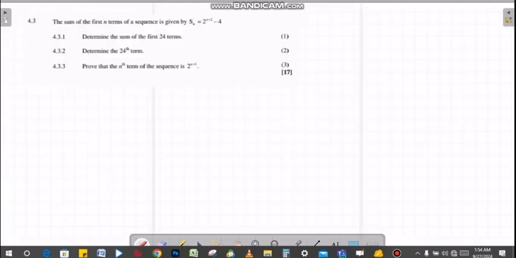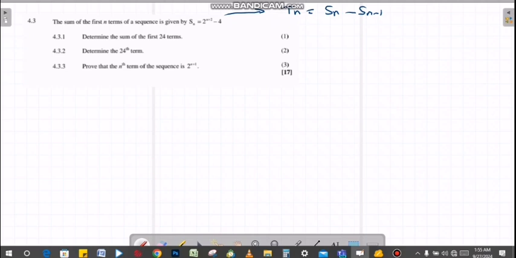4.3. The sum of the first n terms of a sequence is given by, remember we said when you see something else, you must remember that Tn is equal to Sn minus S(n minus 1). So Sn is equal to 2 to the power of n plus 2 minus 4.